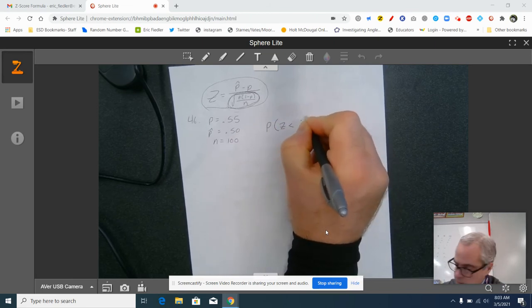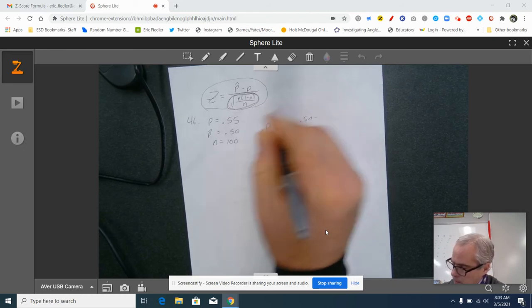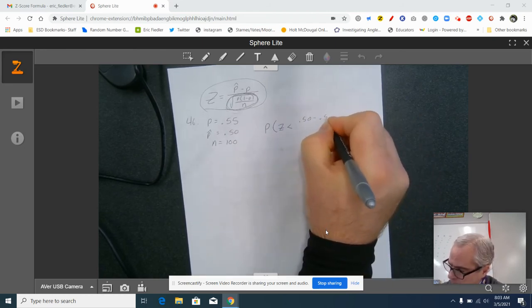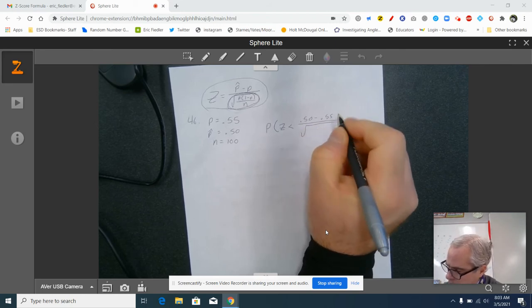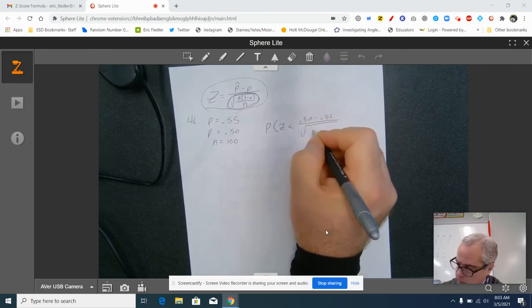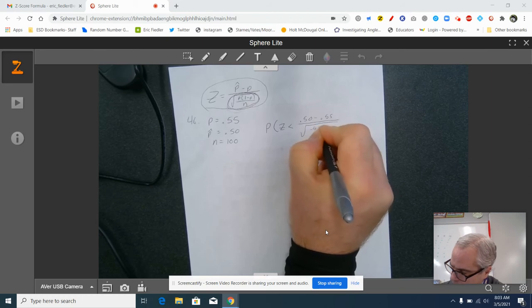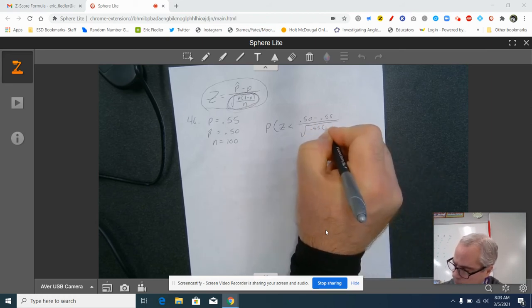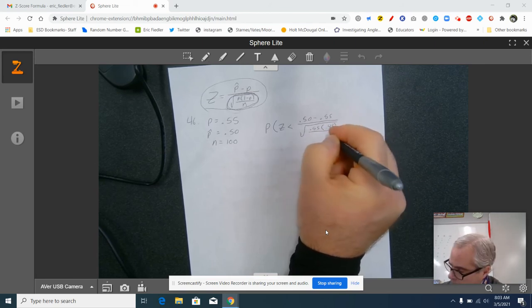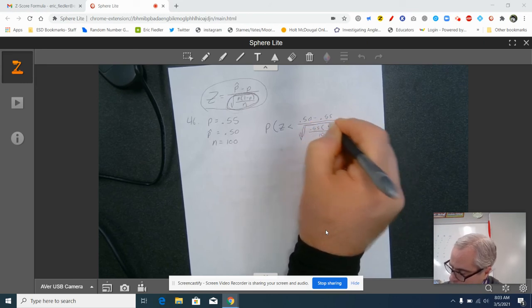So 0.50 minus my population proportion, 0.55, all over the square root of p, which is 0.55, I almost wrote 0.50, times 1 minus 0.55, which is 0.45, all over 100, which is our sample size. And that square root goes over that whole thing.